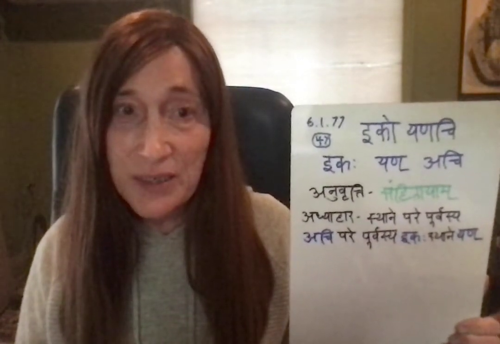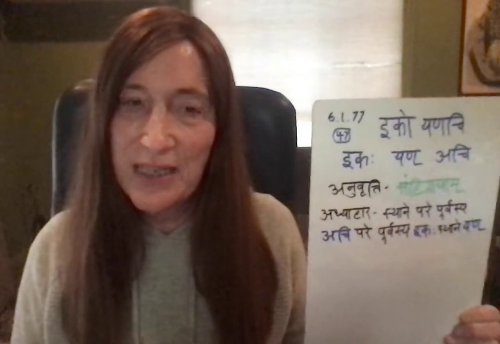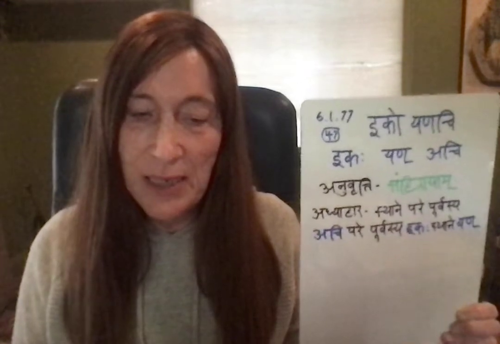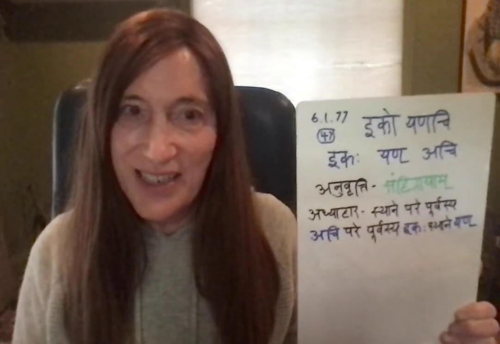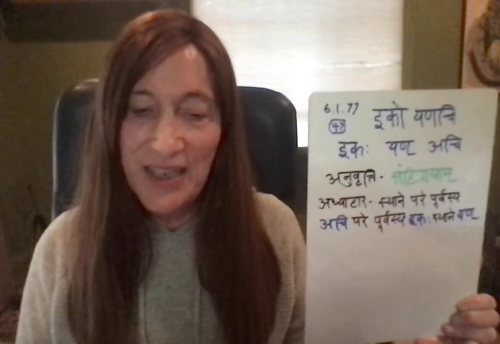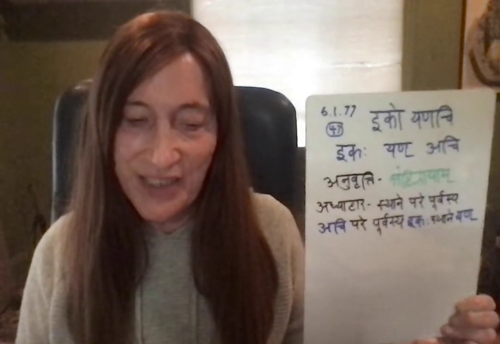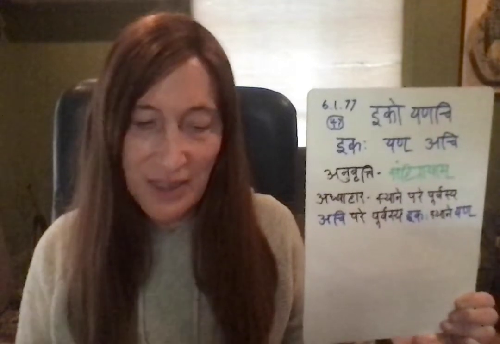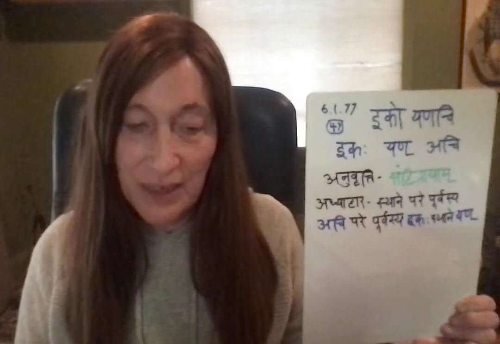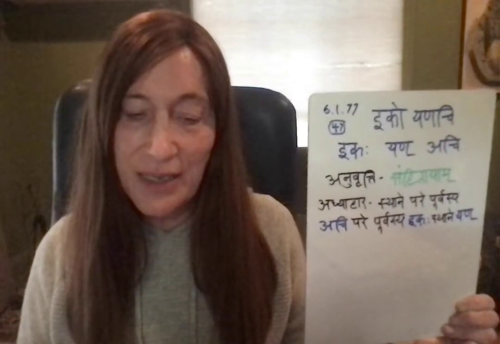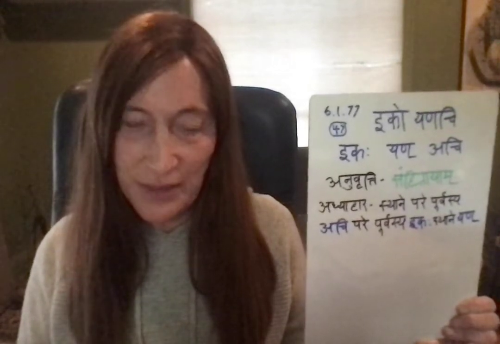So, 6.1.77 and 47 in Siddhanta Kaumudi. Iko yanachi. Anuvritti: samhitayam, adyahara: sthane pare purvasya.